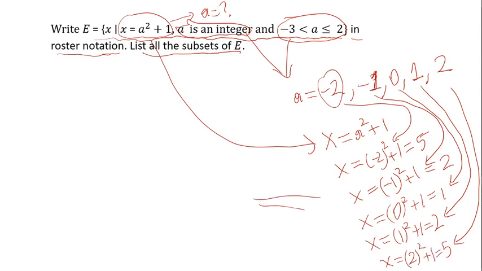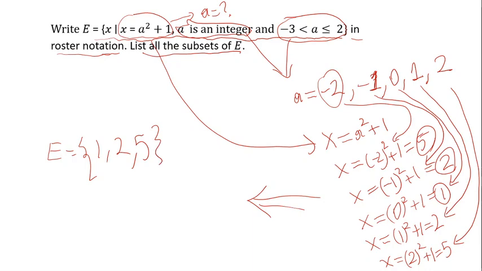So here we get this. 1, 2, and 5. So this is the set.